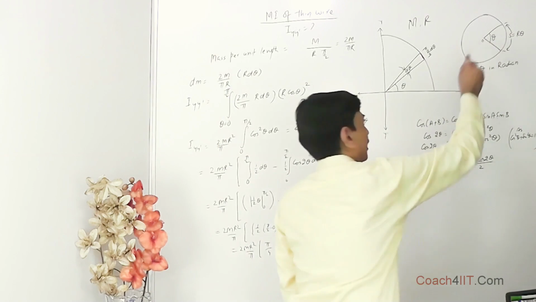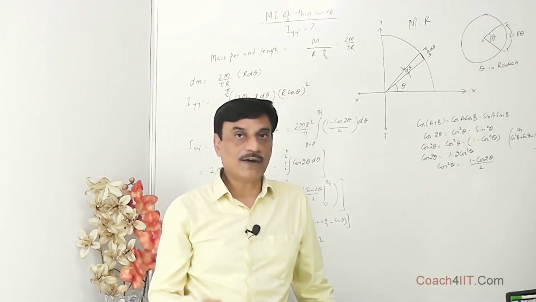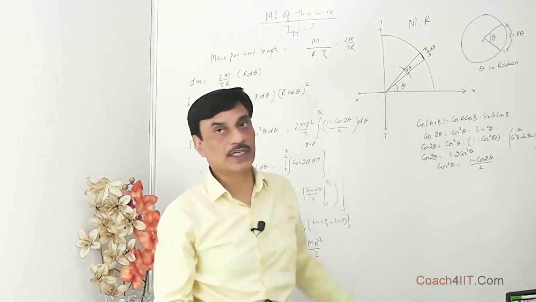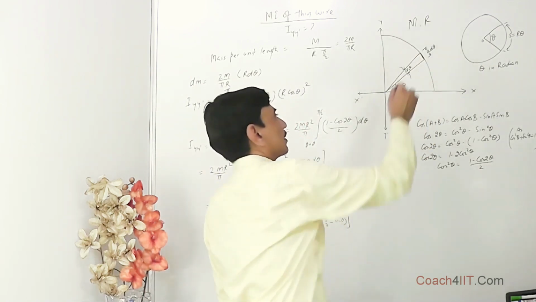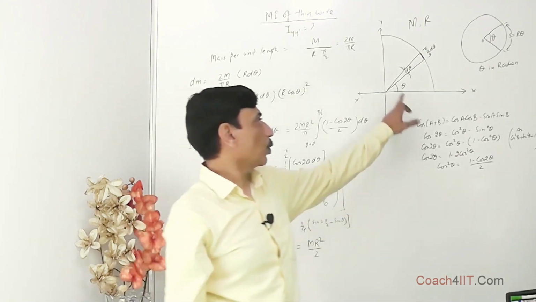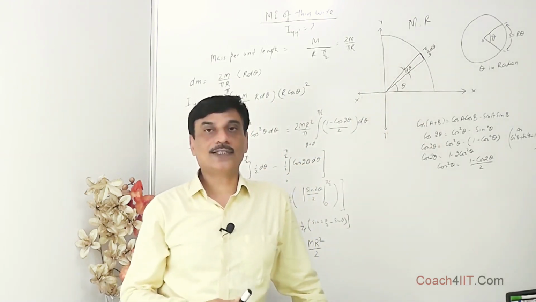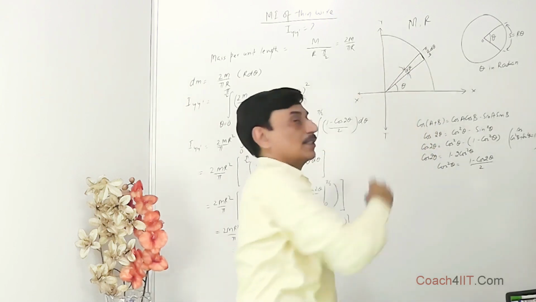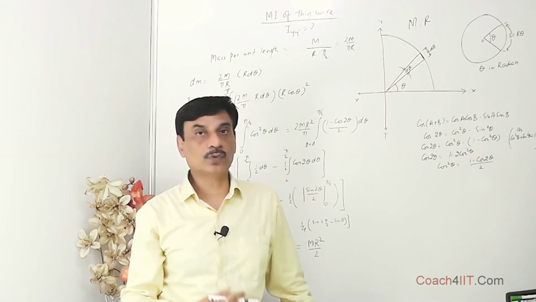For the whole circle theta is 2 pi radians, for half the circle it is pi radians, and for a quarter circle it is pi by 2 radians. So the length of this arc is r into pi by 2. Otherwise, the circumference is 2 pi r, and a quarter of that, 2 pi r by 4, is pi r by 2.